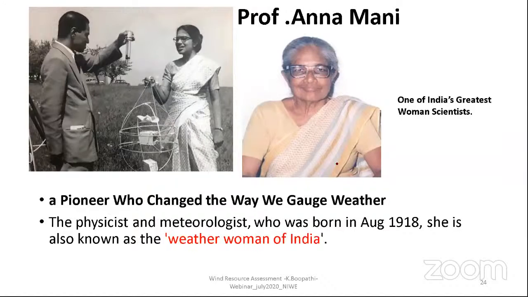She was a great woman scientist in India, and many may not know that she dedicated her entire time to the measurement of wind and solar, as well as developing the instruments. She was born on August 23rd, 1918. She completed 100 years, and we also celebrated the centenary birthday of Professor Anna Mani.